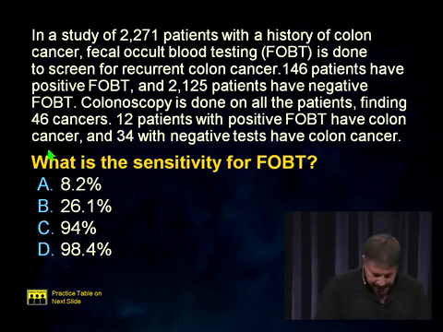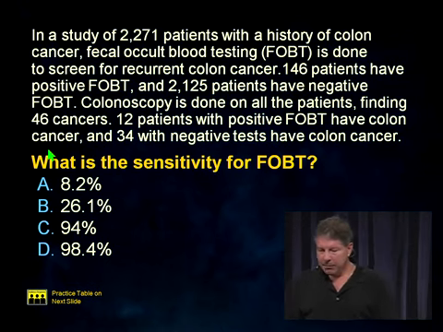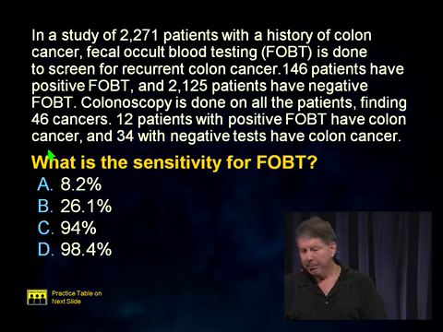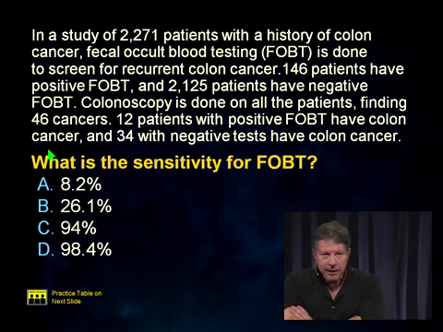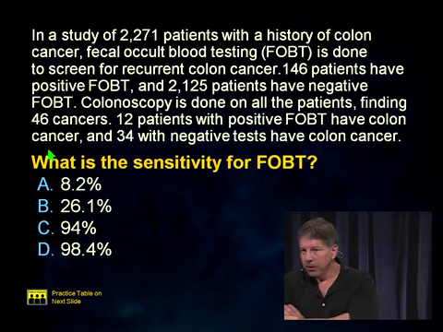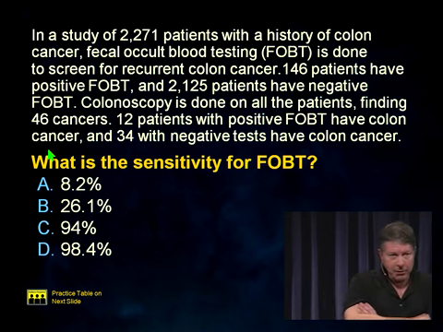Okay. Now, what's the next smallest number? Oh, it's getting big. Okay, so 2125, but it says 2,125 patients have negative fecal occult blood test. So what are they telling us here? The total of the bottom row, right? So can we figure out what the bottom right number is now?